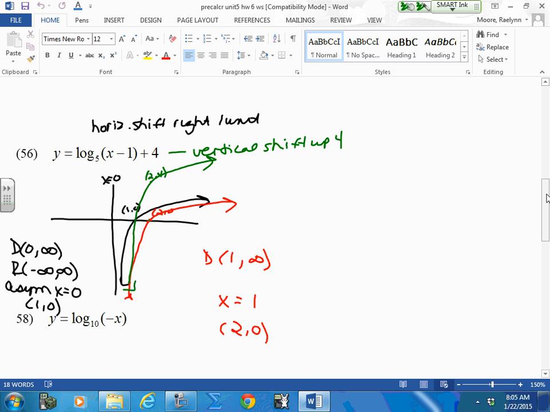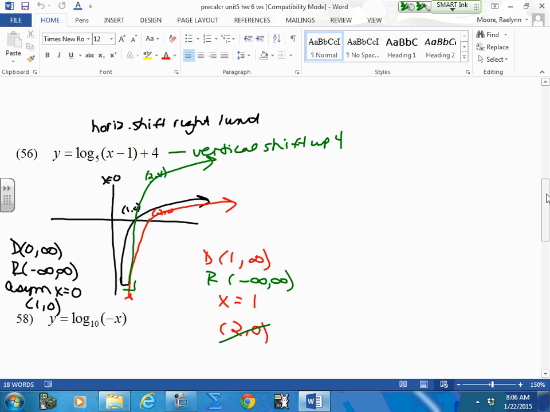Did we change our domain? At the vertical? Nope. And as Rich said, we did not change our range either because our range was always all real numbers. So the range is still all real numbers. The domain stayed the same. The x-intercept is going to change. And we're going to have to work with this one. But our asymptote stays the same.